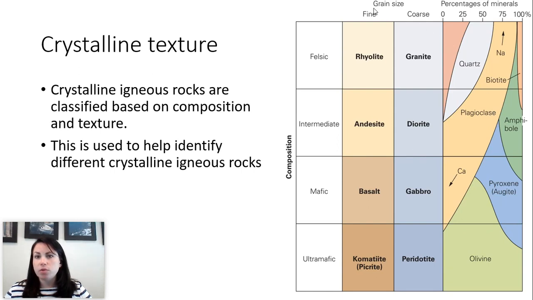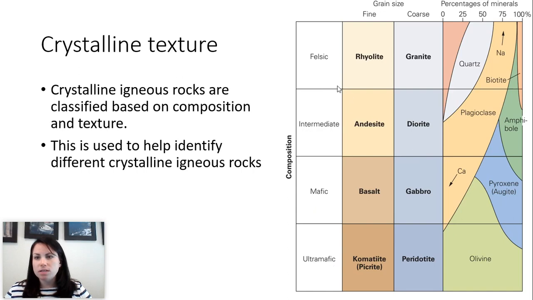Here's the grain size, like I was just describing before. We have fine and we have coarse. And these other words I had used previously in the lecture describe the composition. We use words like felsic, intermediate, mafic, and ultramafic.